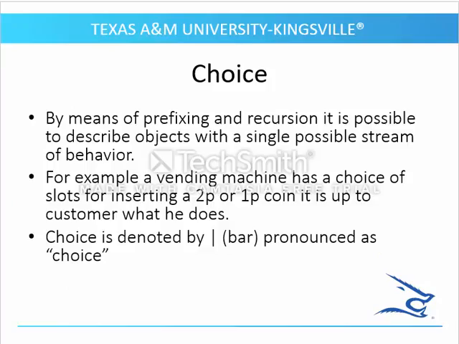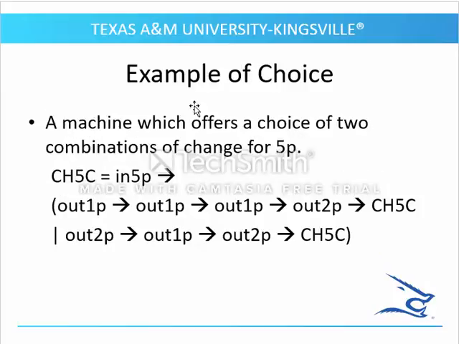Let's look at an example of a choice. A machine which offers a choice of two combinations of change of 5 pennies. They are 1 penny, 1 penny, 1 penny, 2 pennies, which makes a total of 5 pennies. And another combination is 2 pennies, 1 penny, 2 pennies and so on.